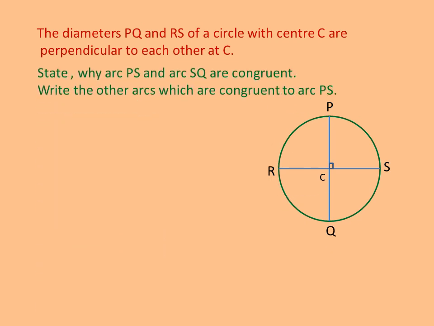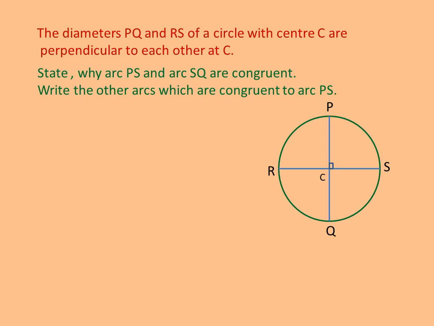What are they asking? State why arc PS and arc SQ are congruent. Why? Because angle PCS is 90 degrees, so arc PS also will become 90 degrees, because the measure of an arc is equal to the measure of its central angle.